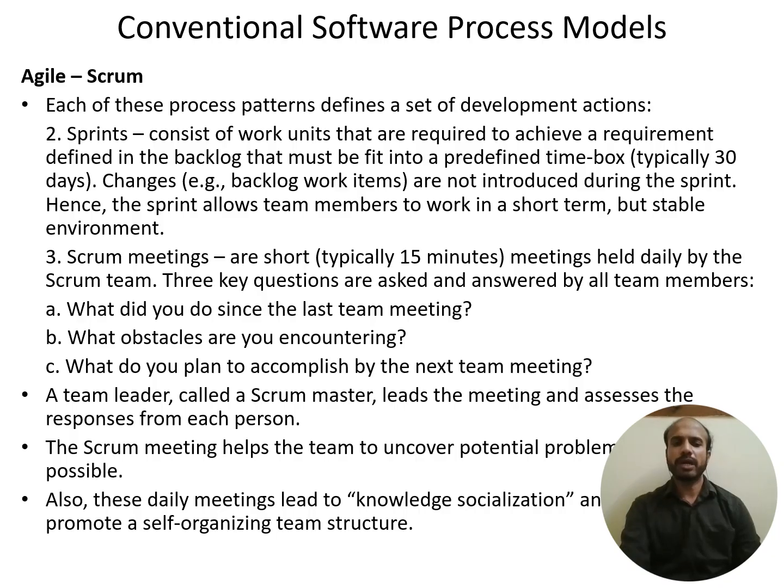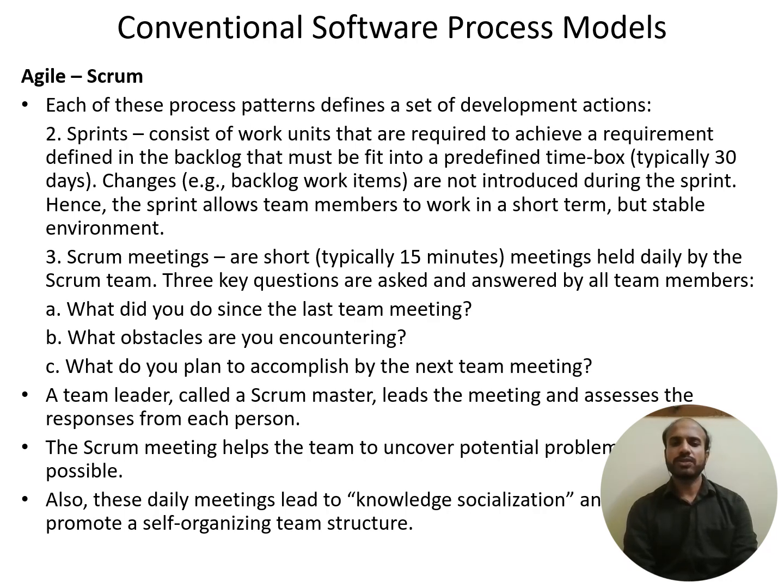So first one being the backlog, next one being the sprints. Sprints consist of work units that are required to achieve a requirement defined in the backlog that must fit into a predefined time box, typically 30 days. 30 days is the maximum time.